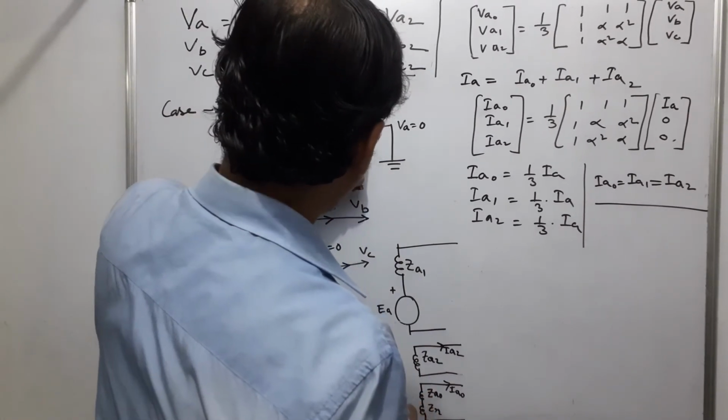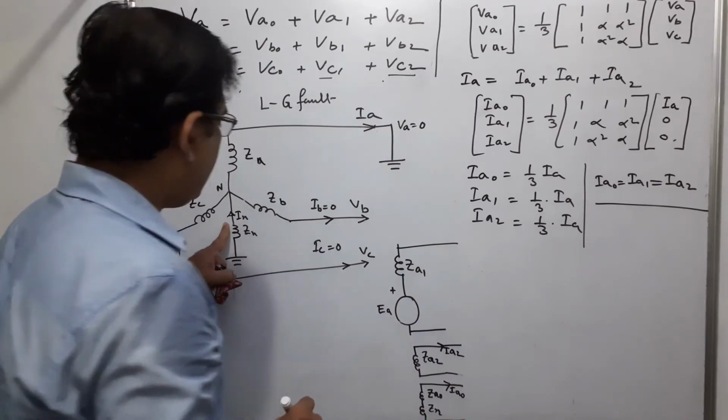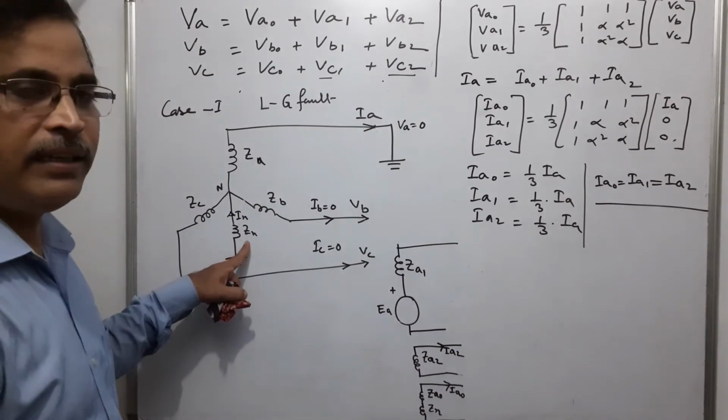That means Ia is passing through In, and In is passing through Zn.